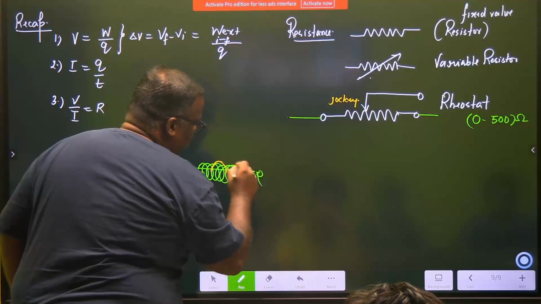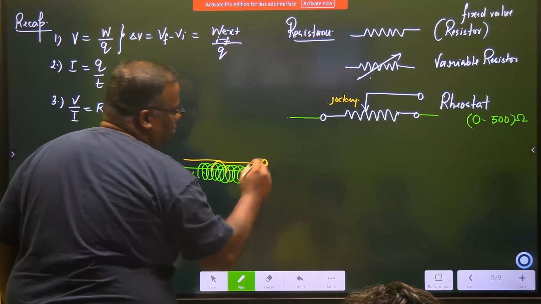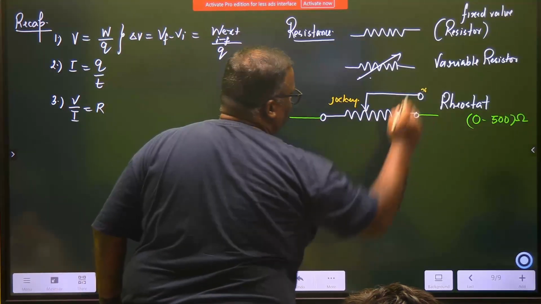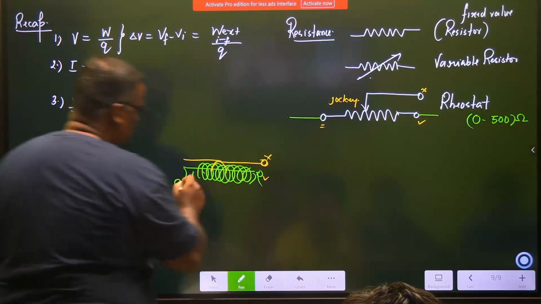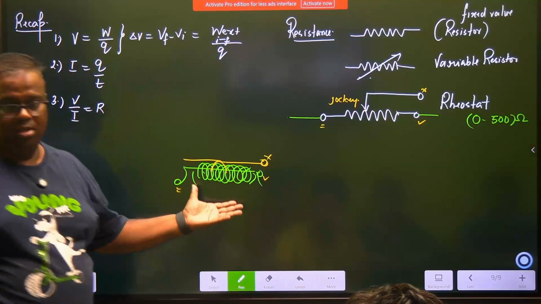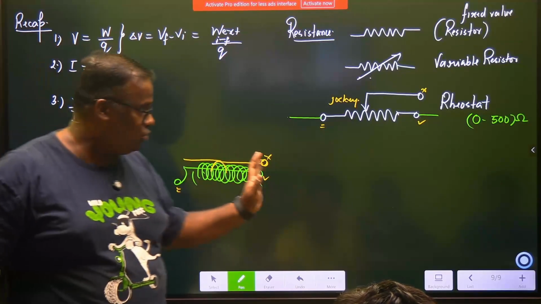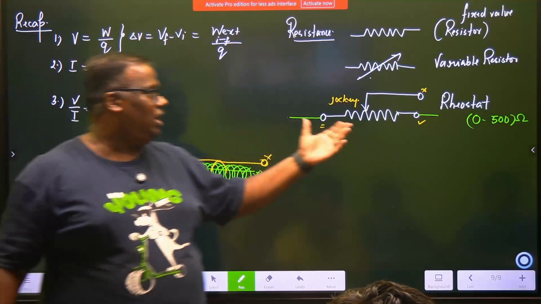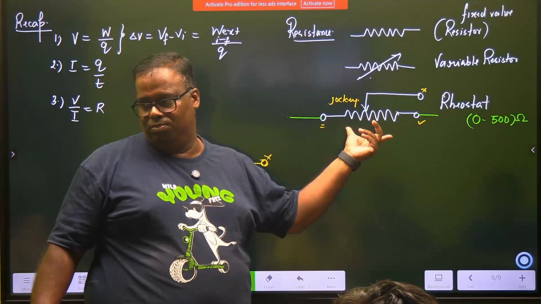And this will be on one frame. So the third point will be this. This point is this point, and this point is this point. This is a rheostat. Okay, I'll tell you some interesting stories here also. In a rheostat, if I connect between these two, then I'm using the entire 500 ohms.